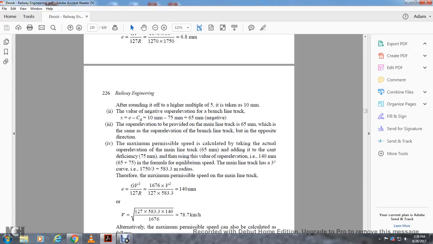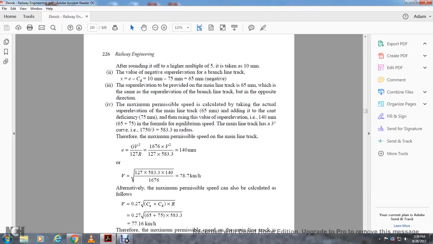The maximum permissible speed is calculated taking the actual super elevation of the main line track, 65, added to the cant deficiency 75. The main line track has a 3-degree curve, so the radius is 1750 divided by 3, which is 583.3 meters. The equilibrium super elevation is gauge times velocity squared divided by 127 R, equal to 1676 times the velocity squared over 127 times 583.3, equal to 140 millimeters.